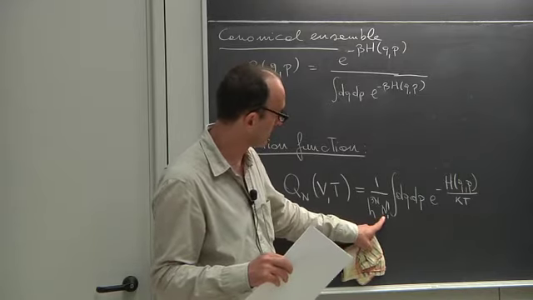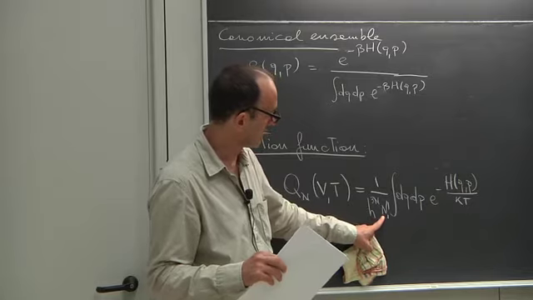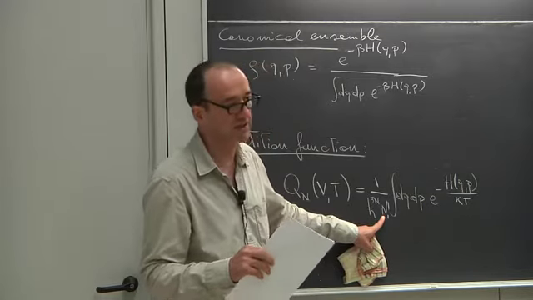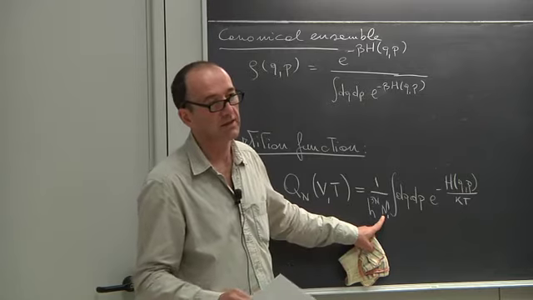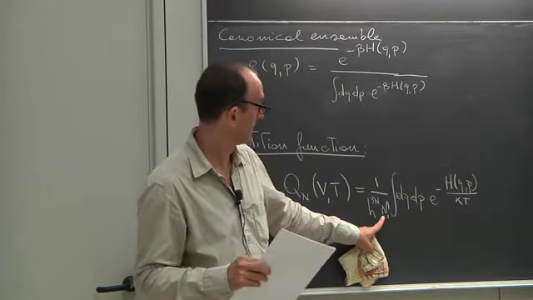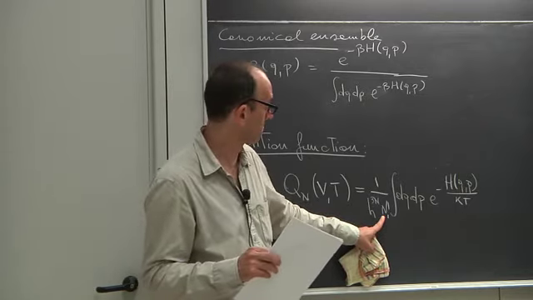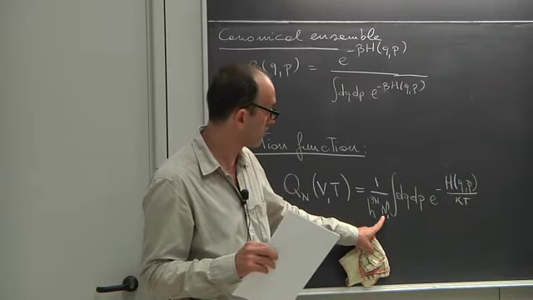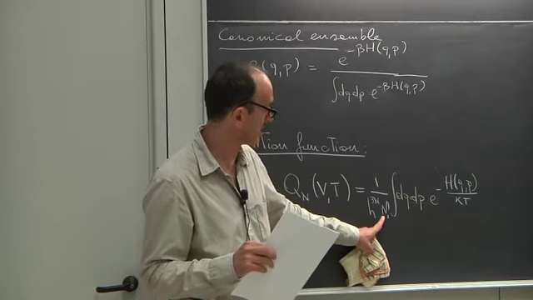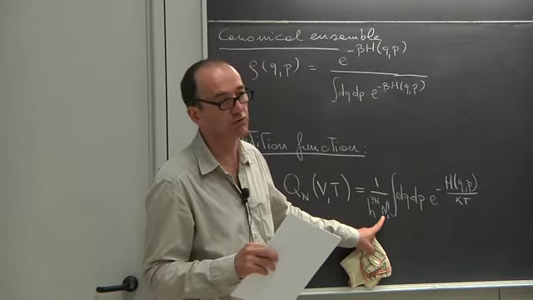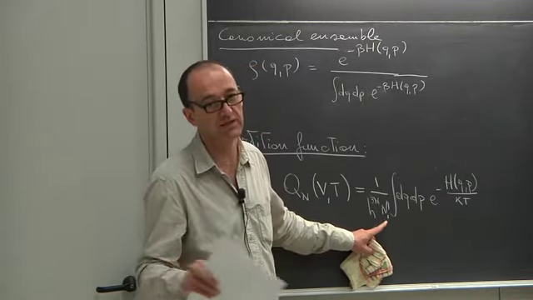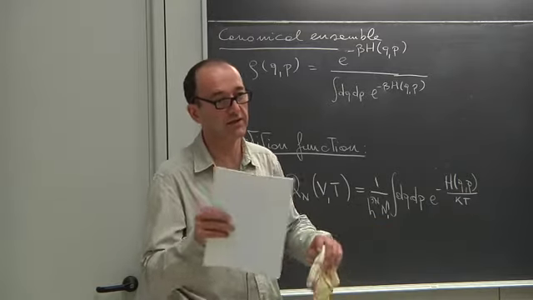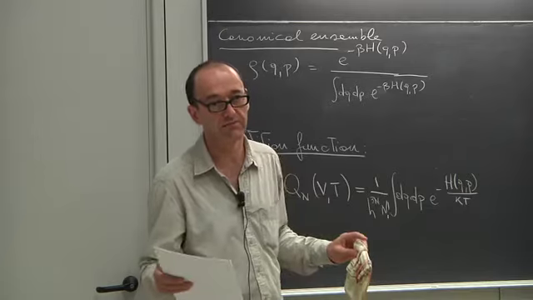And this N factorial is here because when we count the states classically, we should take into account that the particles are indistinguishable, or that we don't want to distinguish microstates which differ only by reshuffling of the particles.